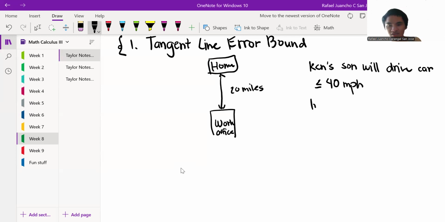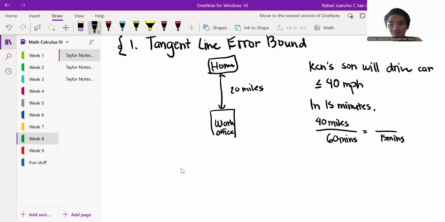So in 15 minutes, then this is really just arithmetic. So we say 40 miles in 60 minutes. And so that means if it's in 15 minutes, we just divide it by 4, then this is 10 miles.